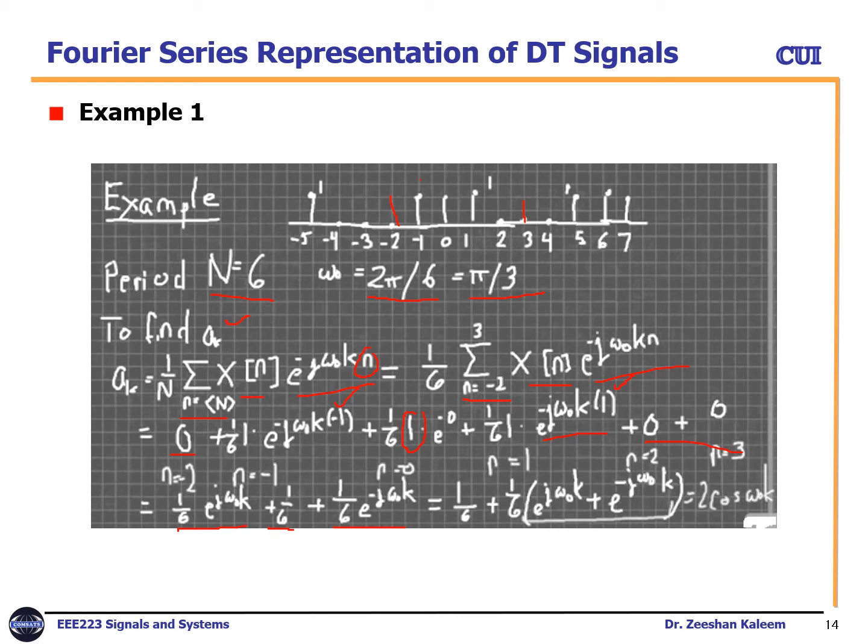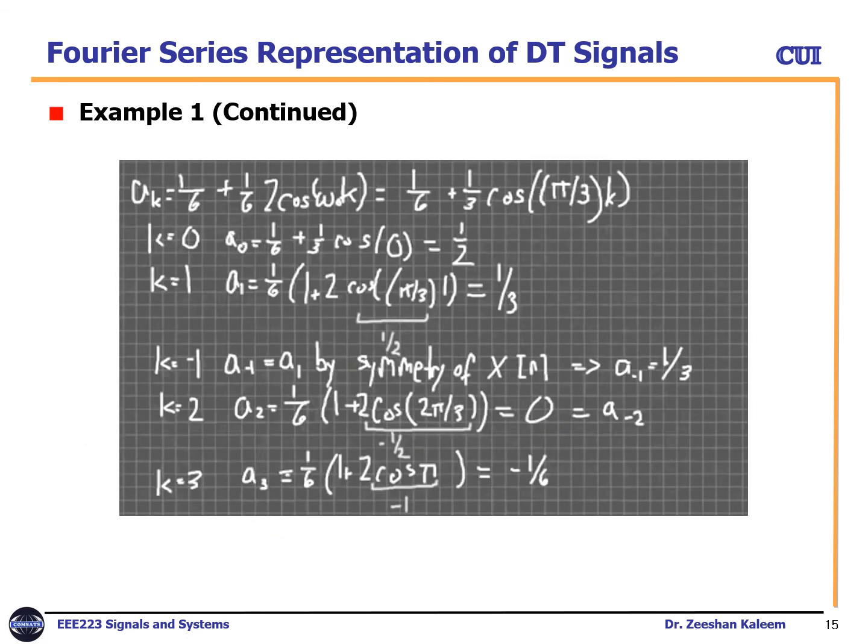As there is no 2 here, we multiply and divide by 2, so it becomes cos omega naught k, and due to the multiplication by 2 it becomes 1 over 3. So this is our result: 1 over 6 plus 1 over 3 cos omega naught k.